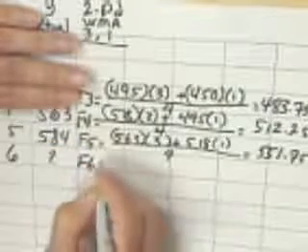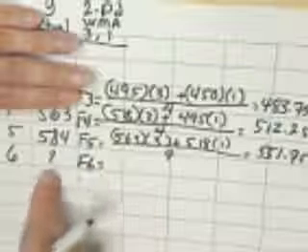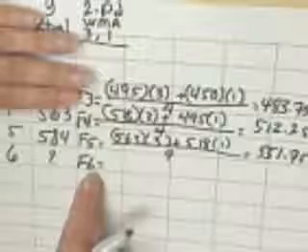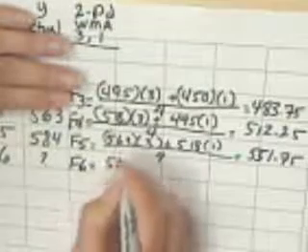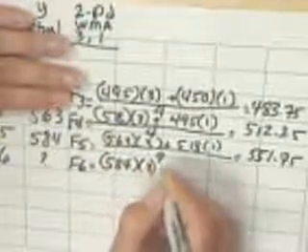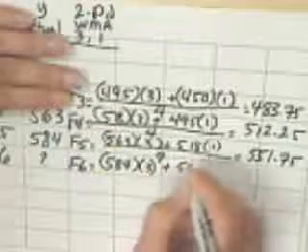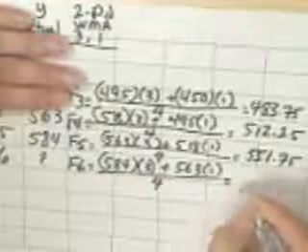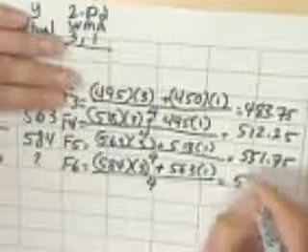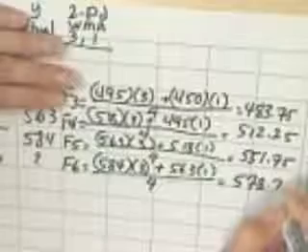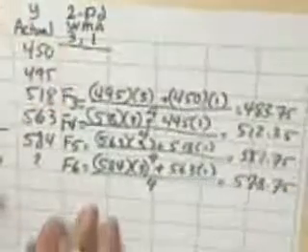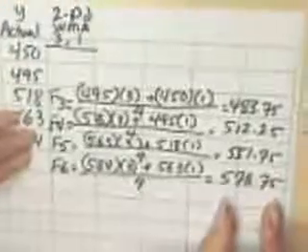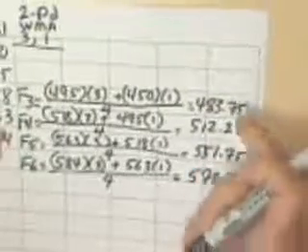So the forecast for next time period 6, for which we don't know what the actual will be, but we're forecasting it, is 584 times 3 plus 563 times 1, the whole thing divided by 4, and that answer is 578.75.